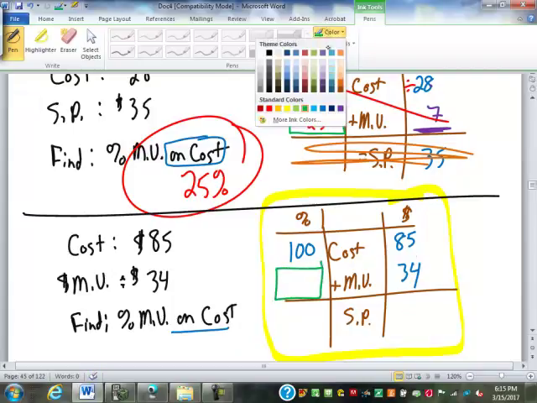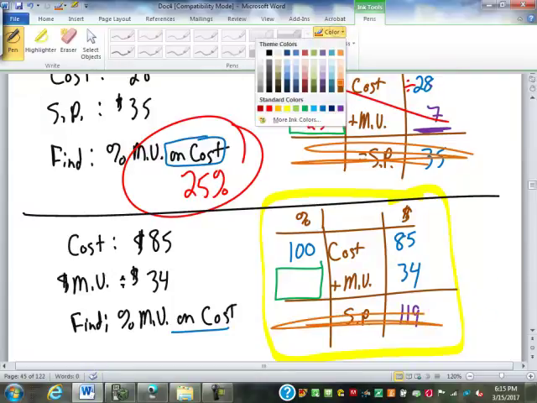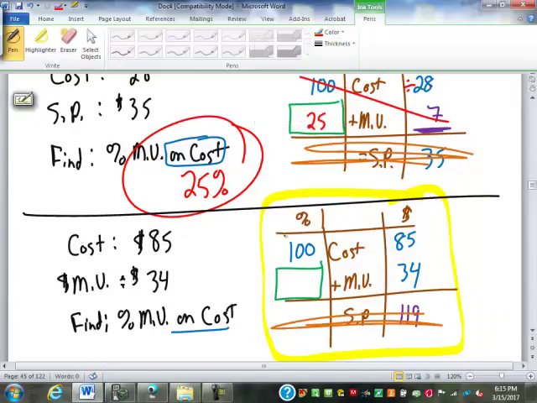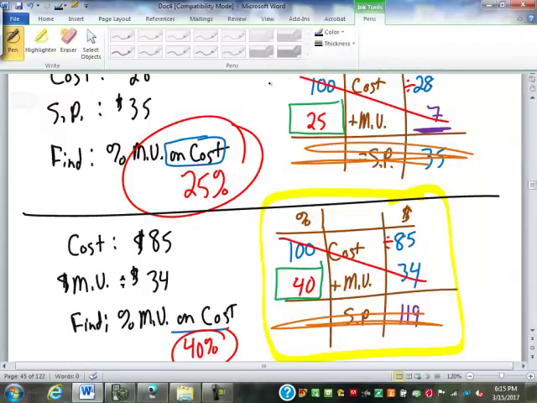Now we could add really quickly here and get the dollar amount of the selling price as $119, but it really doesn't do us any good here because we're not going to use the bottom row anyway. So we'll cross multiply and divide. 100 times 34 divided by 85 gives us 40. That is a 40% markup on cost.